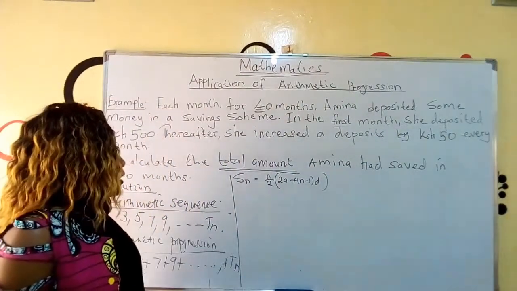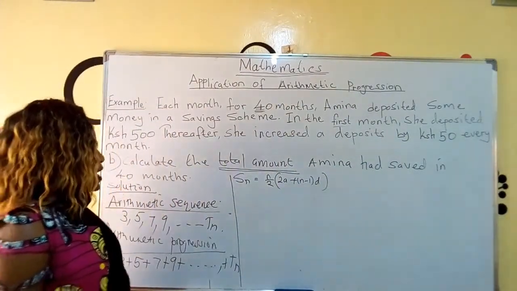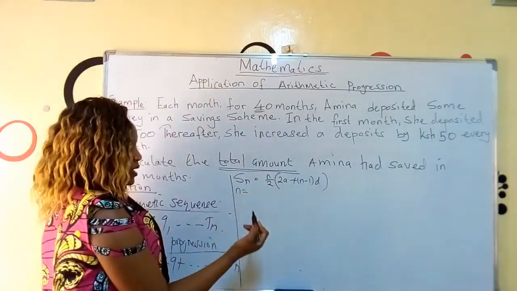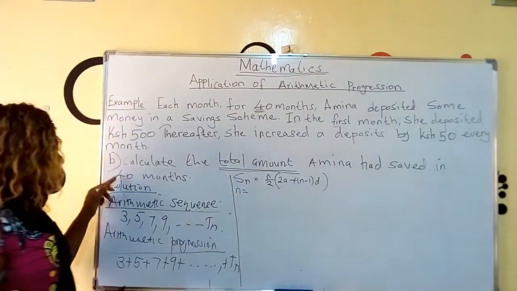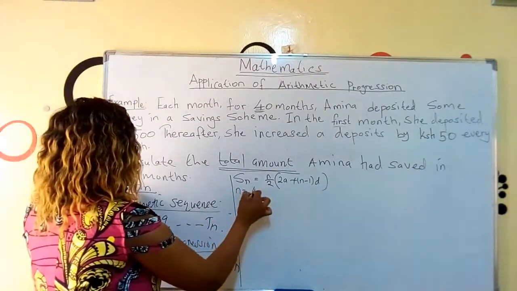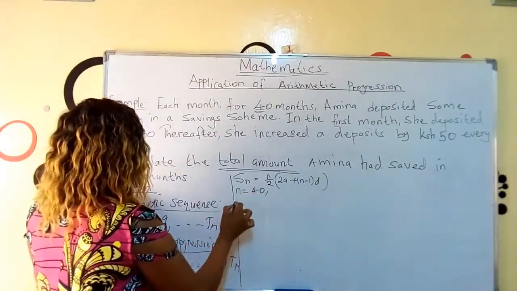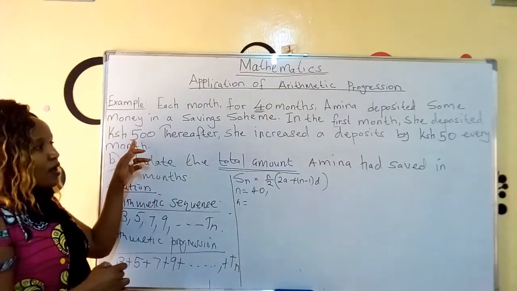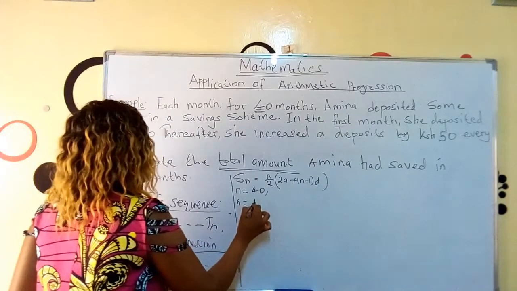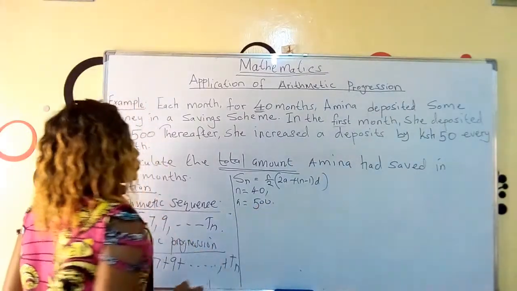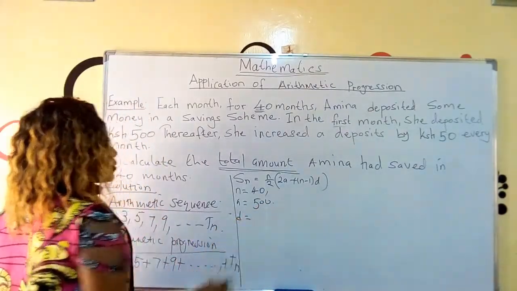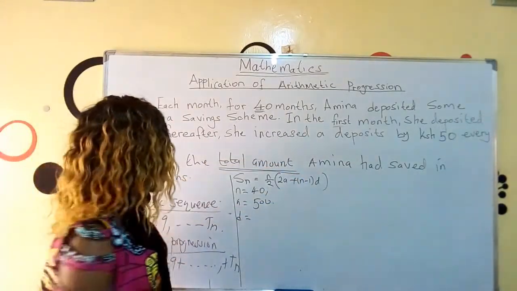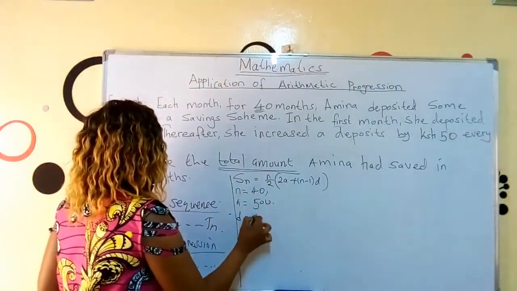Right? Now, our question is, what is n? In this case, n is 40. What is A? A, we know it is the first money that was deposited by Amina. What is D? It is the subsequent increase in the deposit that is constant, that is 50.